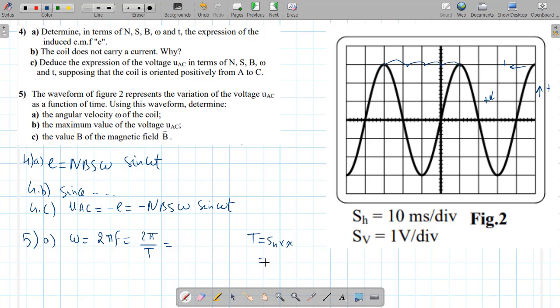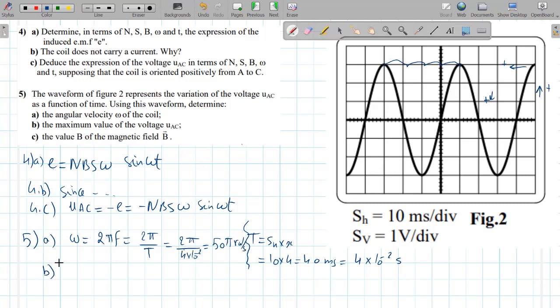So equals to what? 10 times 4 equal 40 milliseconds equal 4 10 to the negative 2 seconds. So equal 2 pi over 4 times 10 to the negative 2, which is equal 50 pi radian per second.